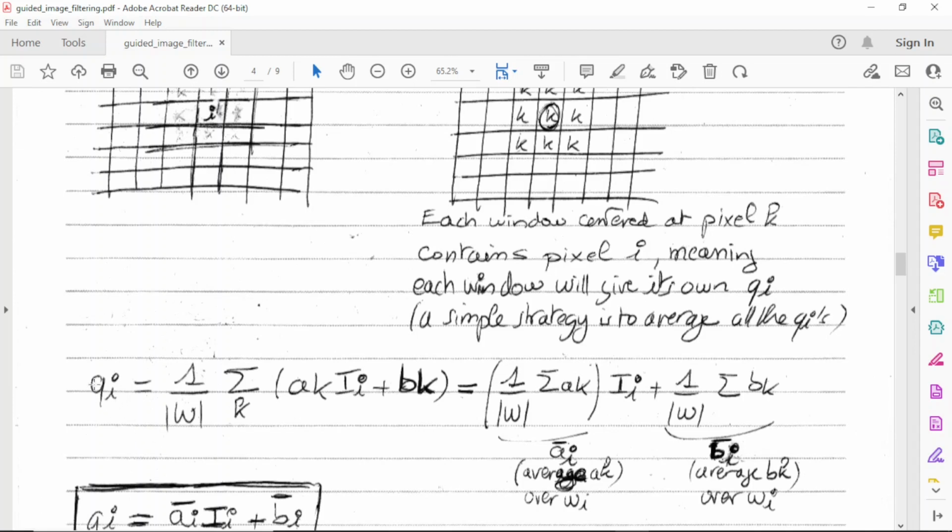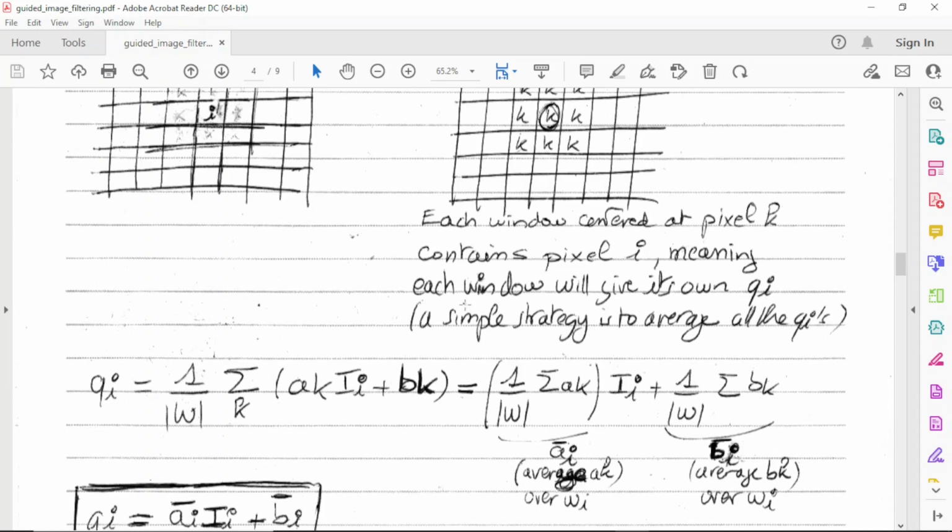So for the output, 1 over the number of pixels in the window or the block, and here I'm summing over all the pixels in the window or block.